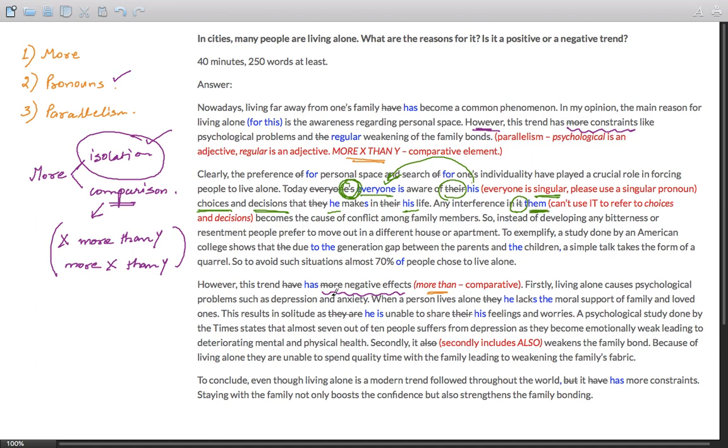The mistake somewhat goes on over here. The results in this solitude as they are. But the word used, they, refers back to a person. Since they refers back to a person, it is again a pronoun mistake. So I hope the point is clear. You have to use a singular pronoun to refer to a singular noun and a plural pronoun to refer back to a plural noun.